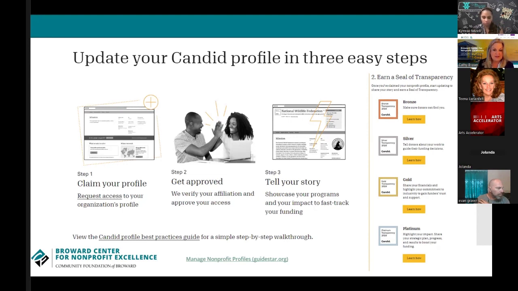And they update those profiles, as they're called, based on what you send to the IRS on your 990s. Now, that's both a good thing and somewhat of a hazard in that it is the information that you've provided to the IRS.